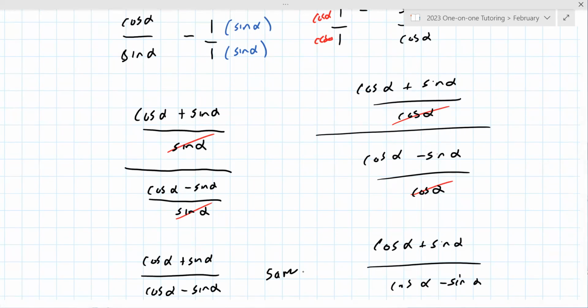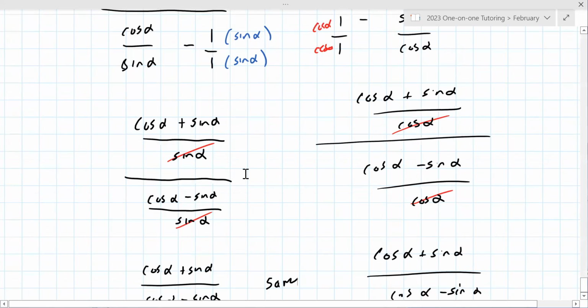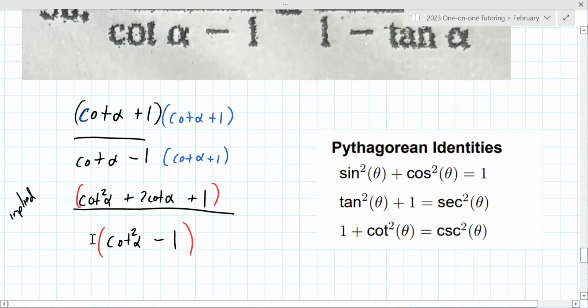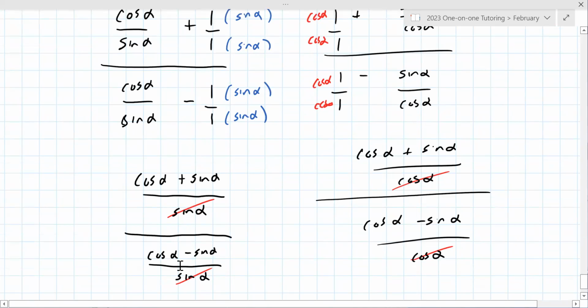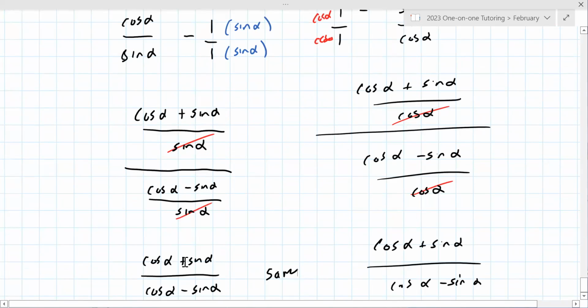I got discouraged over here because I was like, well, this isn't really any better. And then I got pretty excited when I saw that these were going to cancel. Those are the little victories, little things that say, oh, this looks better. Oh, it doesn't look better. Maybe only go one more step if it doesn't look better.